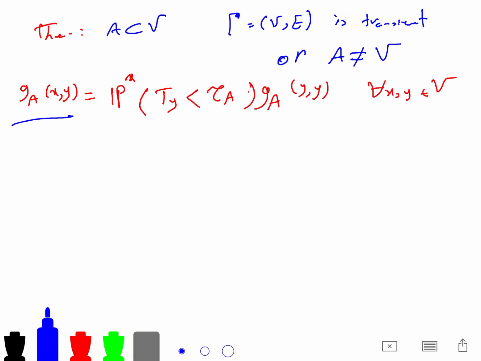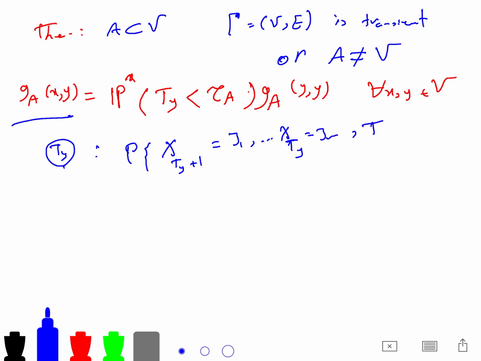For example, if we apply the strong Markov property of X at T_y, for any stopping time, here our stopping time is T_y, if X_{tau+m} equals j_m and our stopping time is less than infinity, it is the same thing as saying that X_1 equals j_1 and X_m equals j_m.